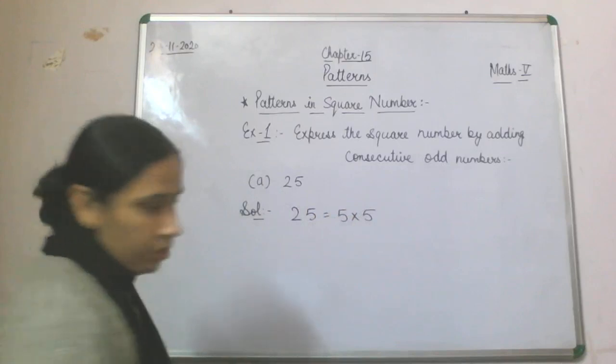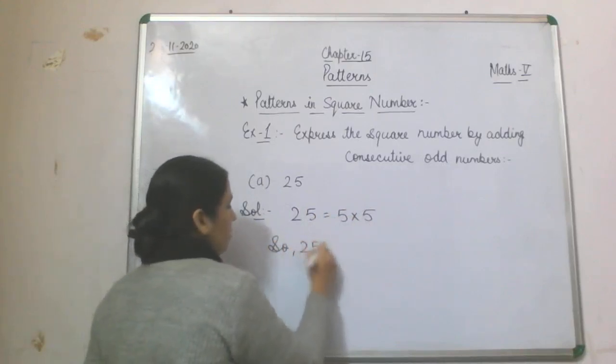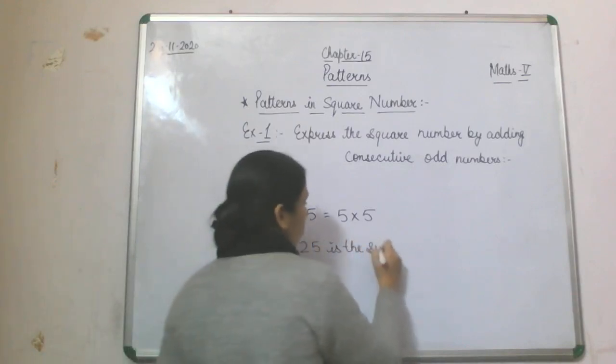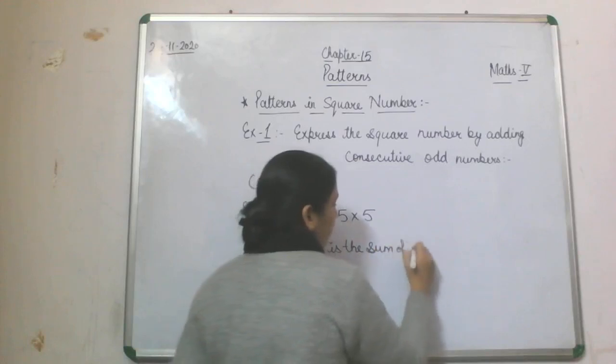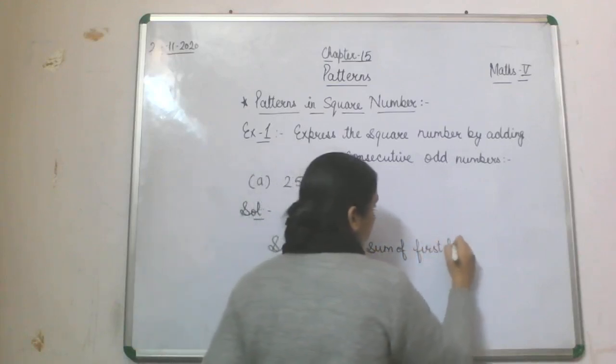Therefore 25 is the sum of the first 5 odd numbers.